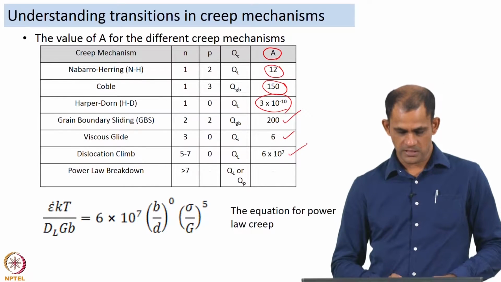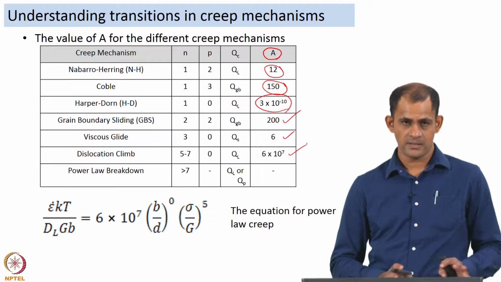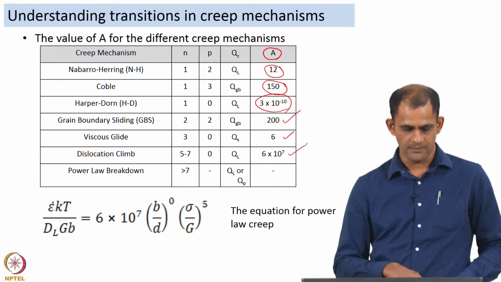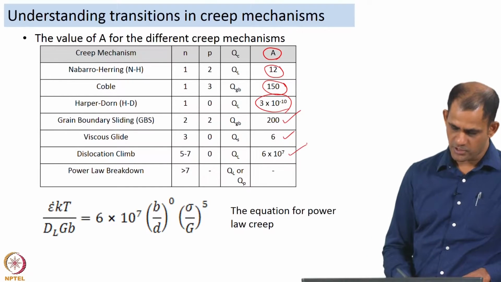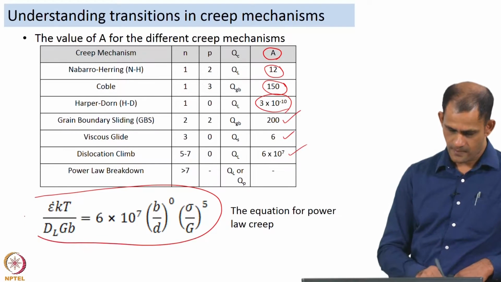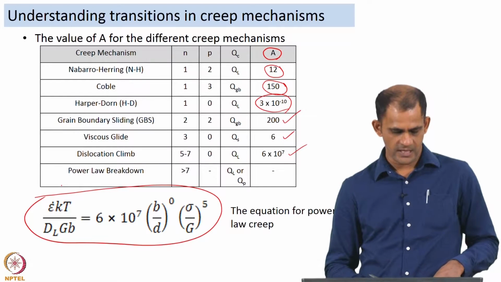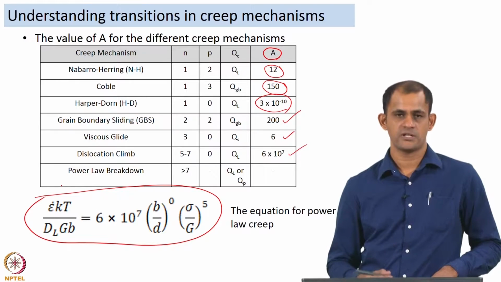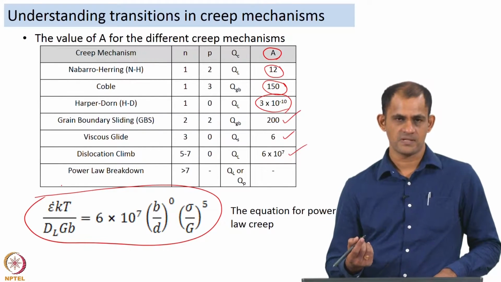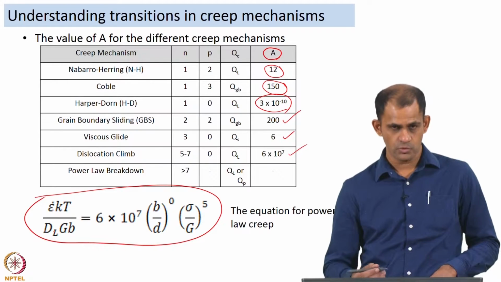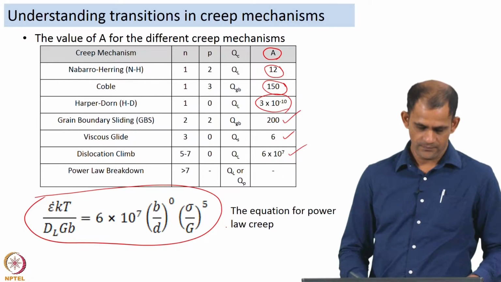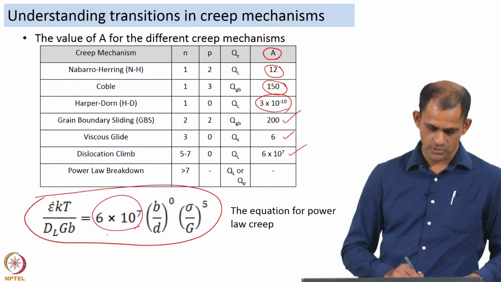As an example, if we want to represent dislocation climb as per the Bird-Mukherjee-Dorn equation, then this is how the creep equation would look. You will have epsilon dot kT by D L G b, because we generally know that power law creep is controlled by climb of dislocations. So, you will have diffusivity corresponding to lattice diffusion, and the A value is 6 into 10 to the power 10.